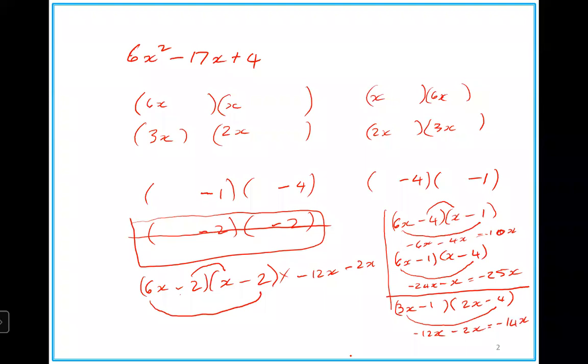So let's go again. We're going to do 3x again, but this time we're going to put -4, and then 2x -1. So we're reversing. First we used -1 -4. Didn't work. So we're going to try -4 -1. So 3 times 1 is 3x.